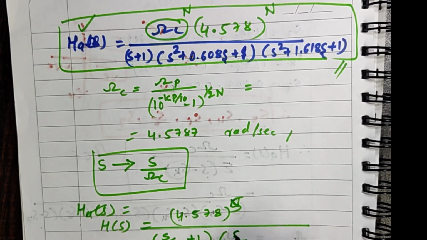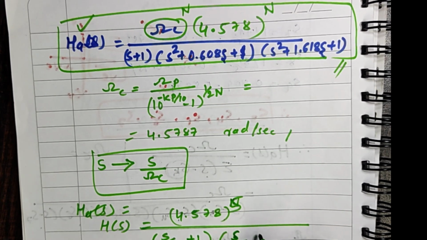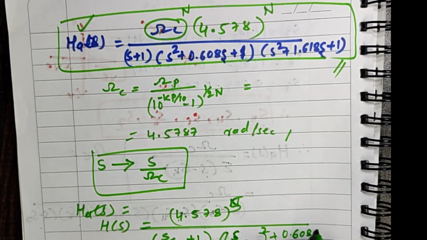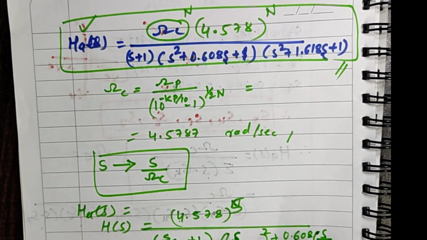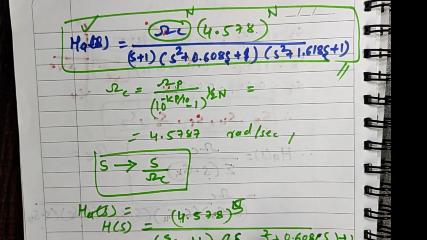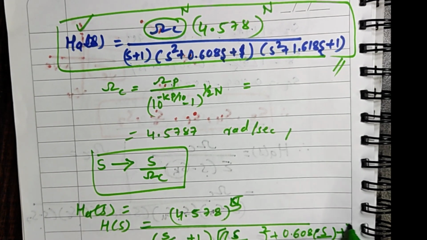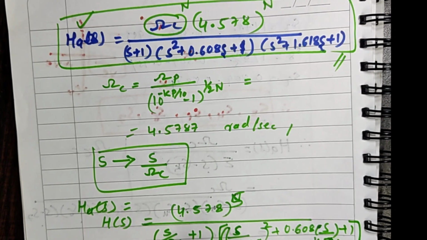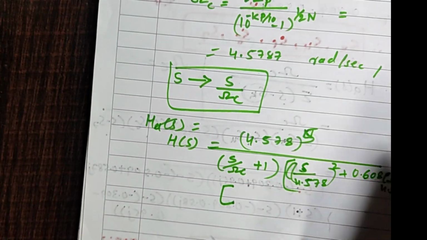If you get this, 4.578 S divided by 4.578 square plus 0.608 into S divided by 4.578 plus 1. Okay, this is one.